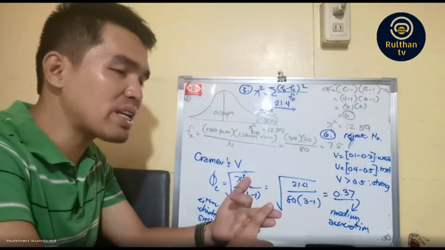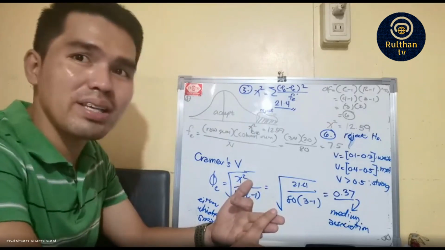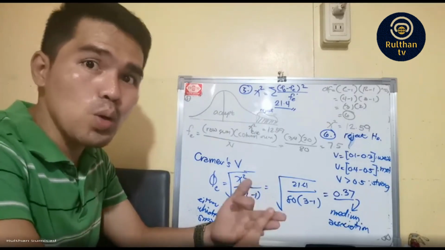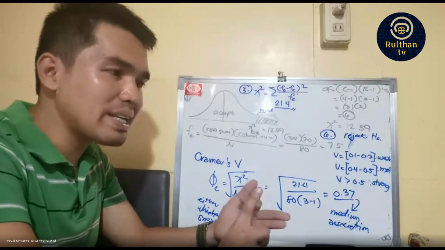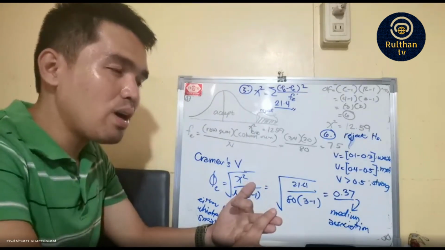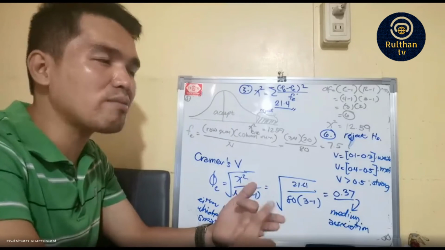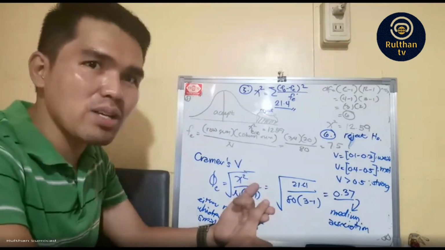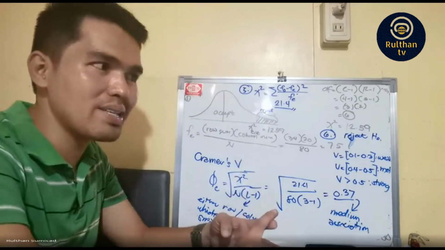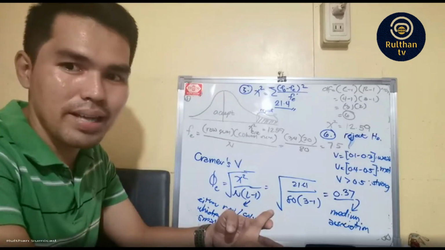Because what's the point of looking for the strength of the association when it is not significant? We only look for the strength of the association when our interpretation is significant and our decision is reject the null hypothesis. Take note of that.